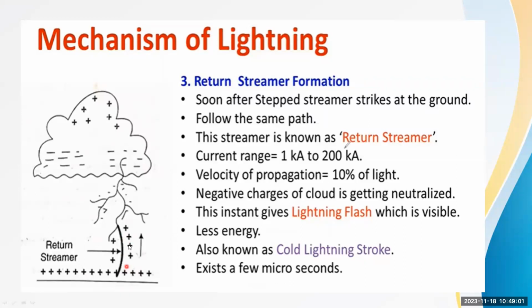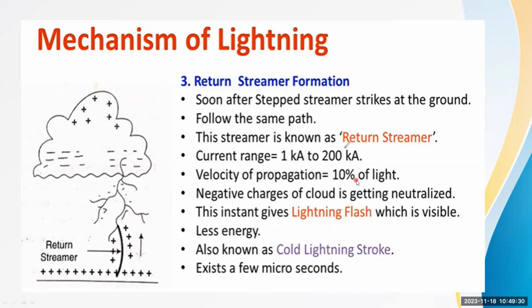Whatever path the stepped streamer took to strike the ground, the same path is used to go back up to the cloud. This is called the return streamer, and its current range is 1 kiloamp to 200 kiloamps. The current range is very, very high, and that is why it is very dangerous.